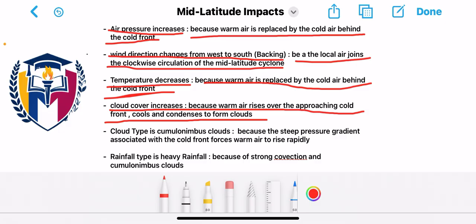When it is uplifted there, it will begin to do what? To rise. It will cool down, it will condense, and it will form what? Clouds. That is another point.